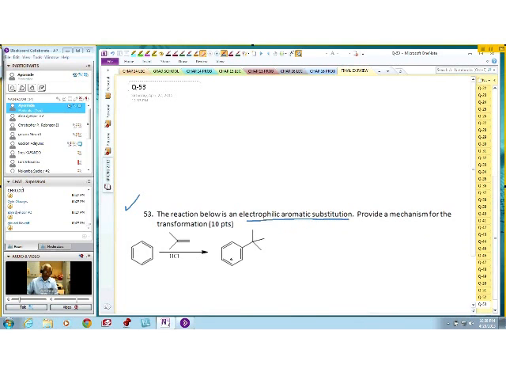Okay, you have a carbon-carbon double bond, and the final product is tertiary butyl benzene. They have also told us that it is an electrophilic aromatic substitution. So in order for you to perform this reaction, you need to form an electrophile.